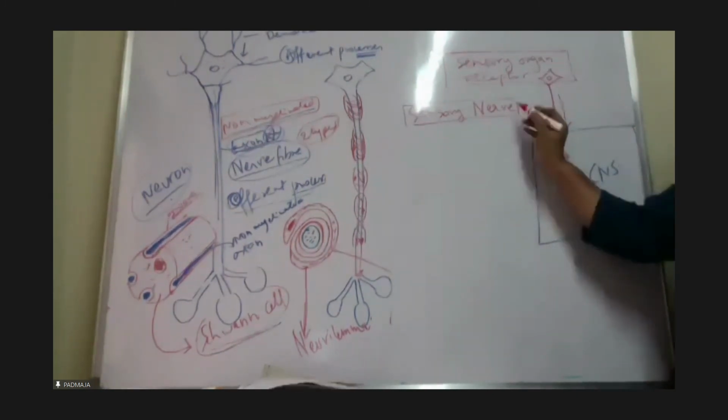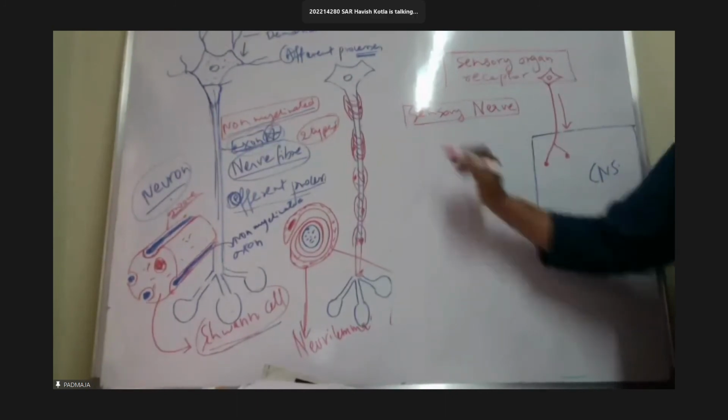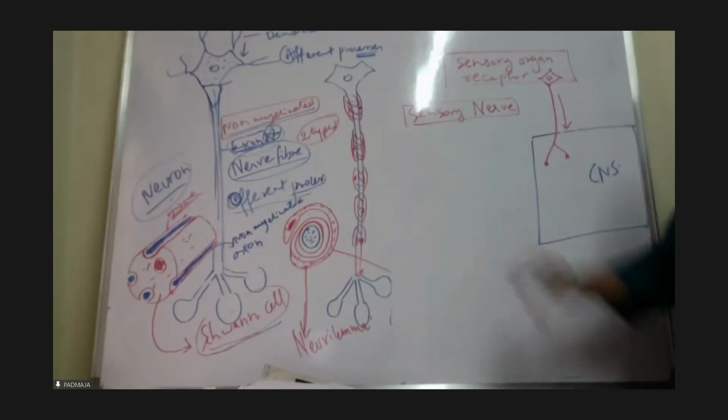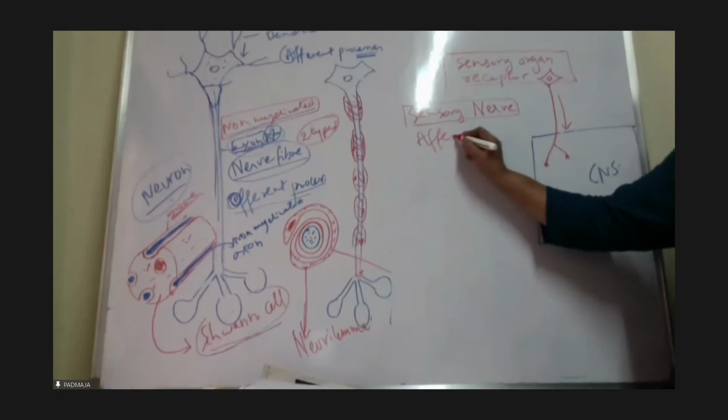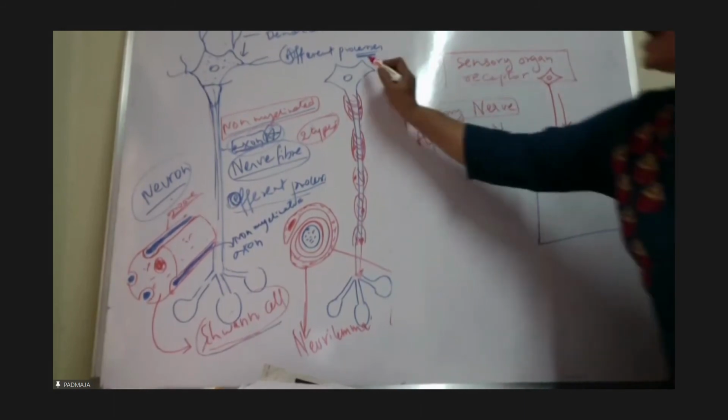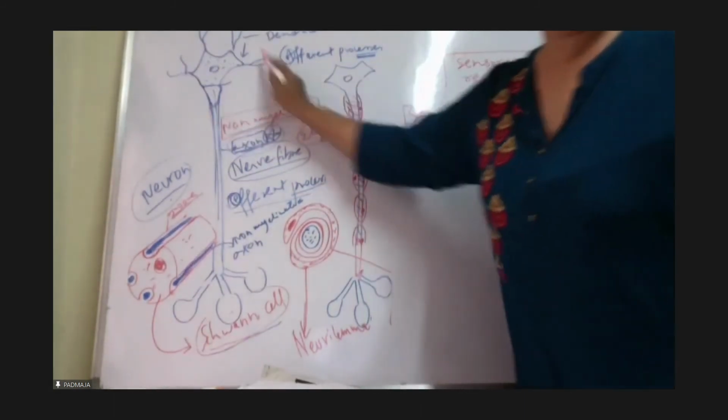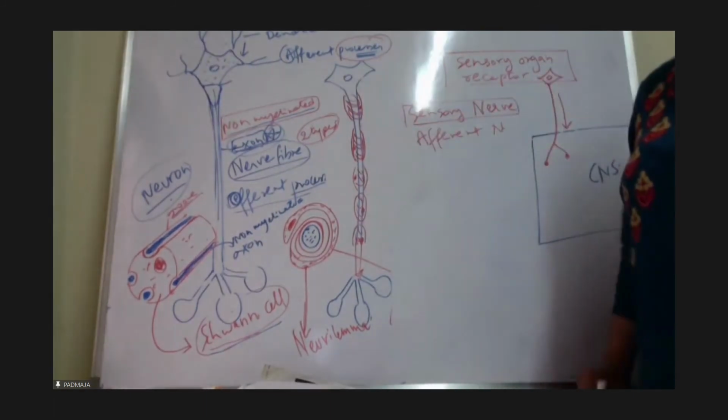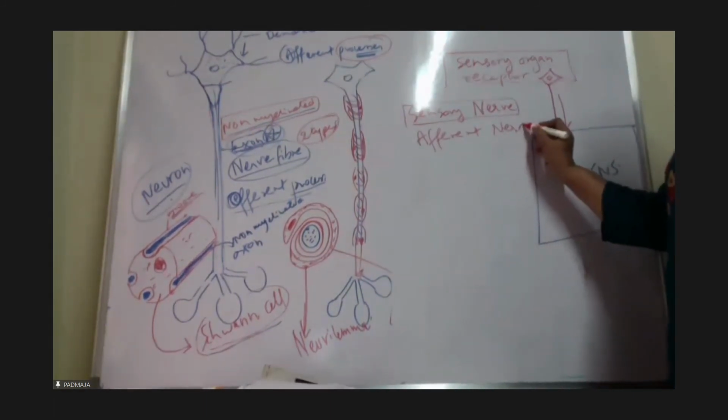So what is it? Afferent nerve. Dendrites are afferent processes. This is an afferent nerve.